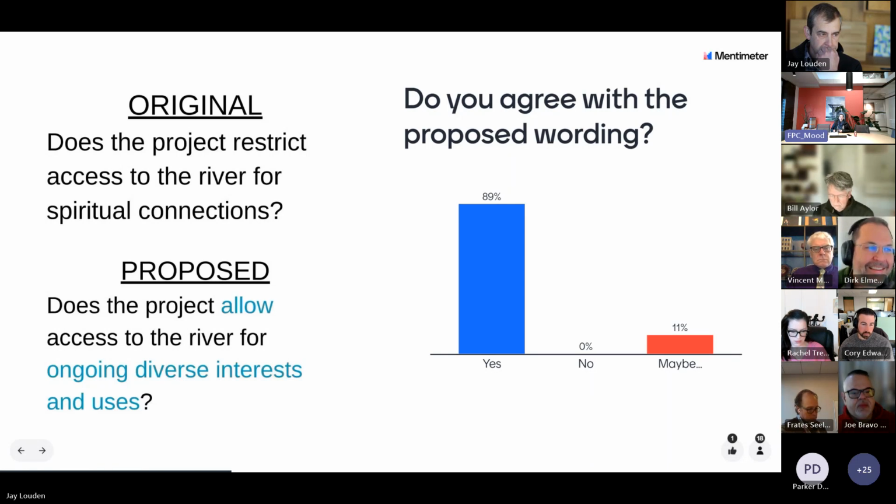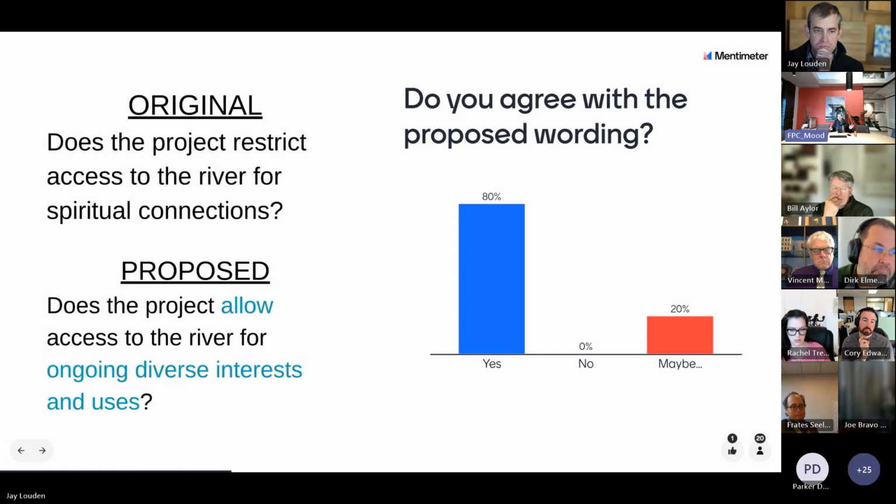But I think initially the group wanted to respond to some of the comments from the past related to spiritual access. And some of those same people were the ones in the group who proposed this wording change. I got the sense that people wanted to make sure that even if a construction project was going on, they could access a site for whatever and whenever.